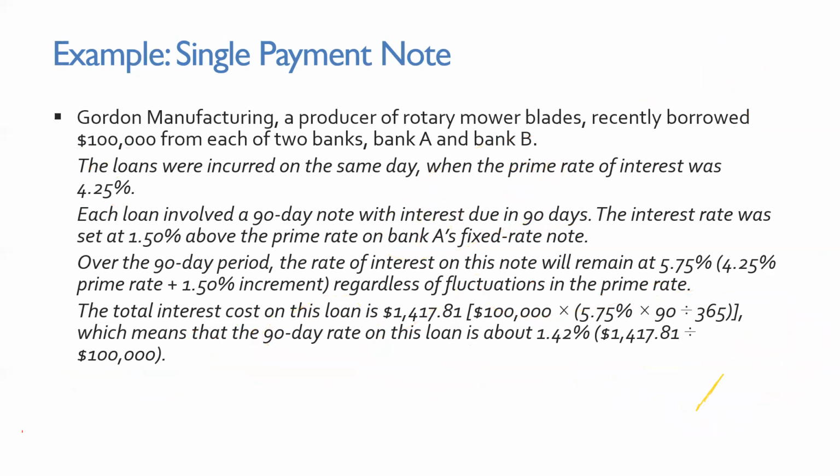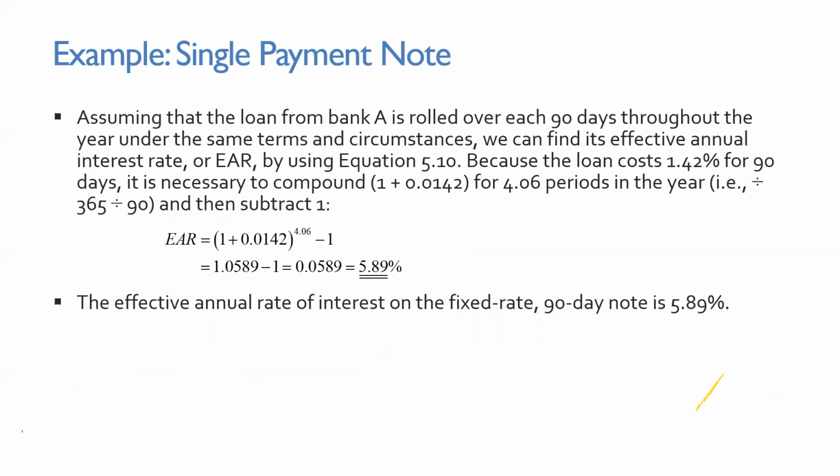Try to discuss that further. So assuming that the loan from Bank A is rolled over each 90 days throughout the year under the same terms and circumstances, we can find its effective annual interest rate. Okay? So the 1.42%, again, the 1.42% is the 90-day interest rate.